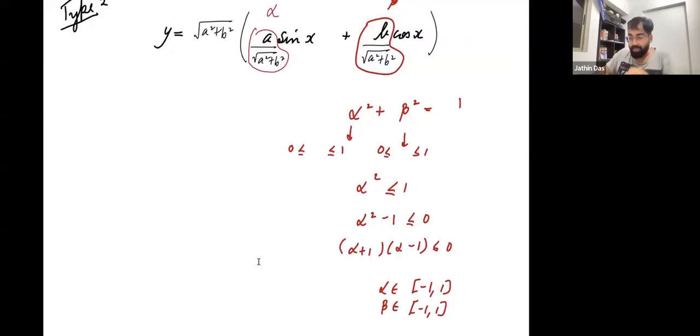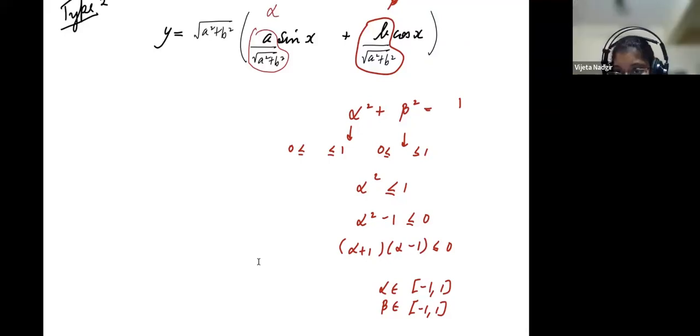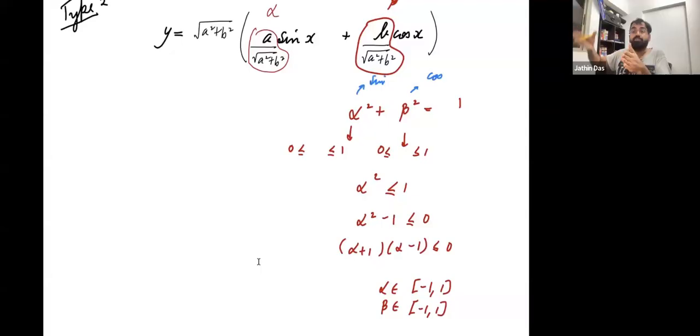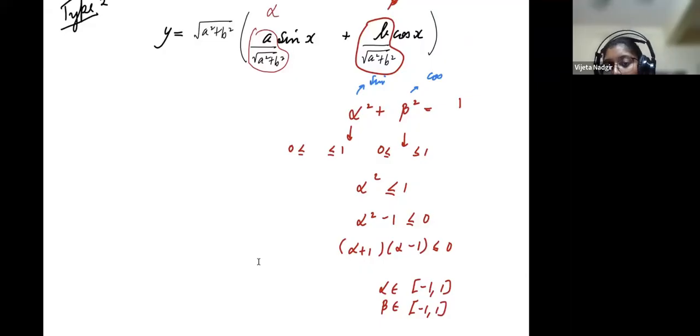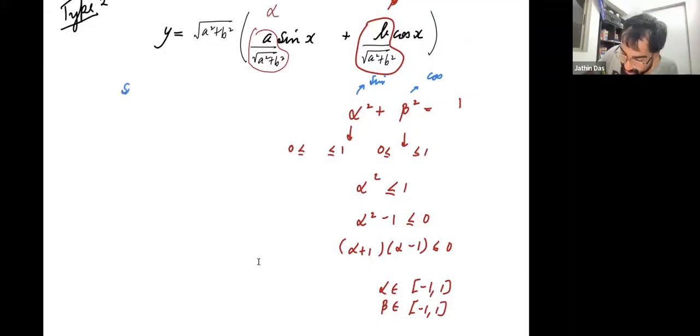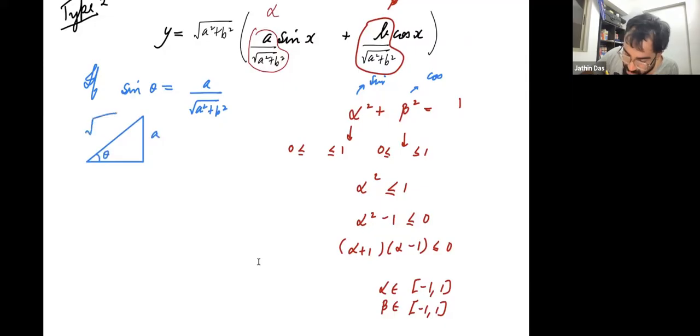And alpha square plus beta square is 1. Okay. Then this is the sin and this is the cos. It looks like that. Sin square plus cos square 1. इसका range भी between -1 and 1 है. To confirm, if I'm taking sin theta as a by root of a square plus b square, then you know in the triangle, this is a and this is root of a square plus b square.